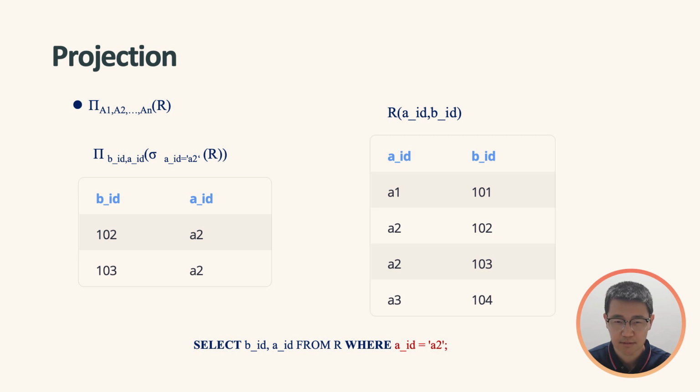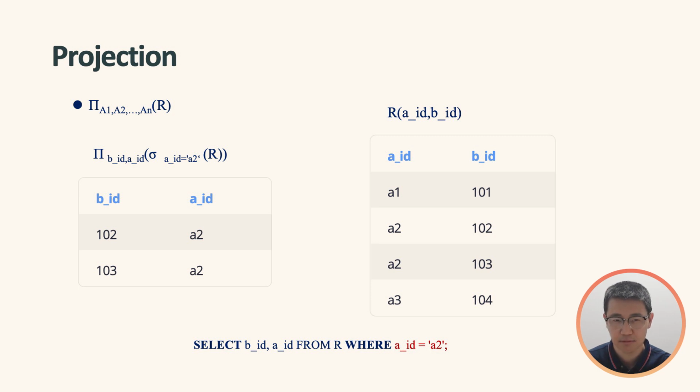Typically, we denote projection as pi. It essentially takes a relation as an input and outputs tuples that only contain specific attributes. This means that instead of using select star, which selects all attributes, projection mirrors the functionality of select, but it strictly outputs tuples that include specific attributes. For instance, if I have attributes a_ID and b_ID within this relation R, and I set a_ID equals A2, it will output the matches.